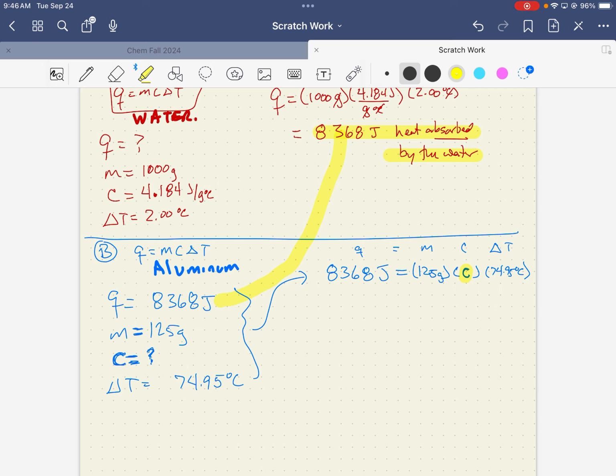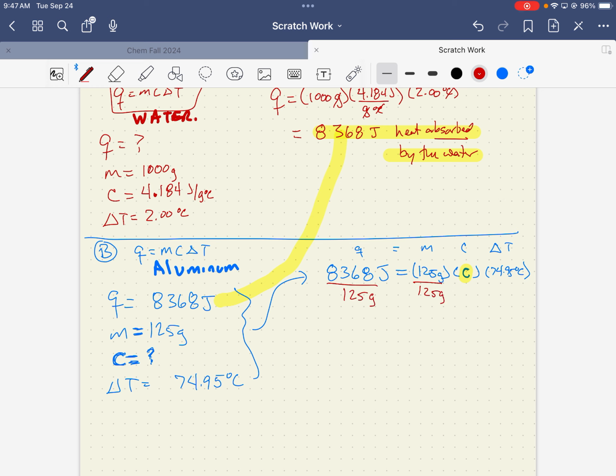So solving this, the first thing we're going to do, and I'm going to do this a long way because it's going to kind of illustrate where we're at, I need to get rid of the 125 grams because that's next to C. So algebra says, since I have 125 times C, I'm going to divide both sides by 125 grams.